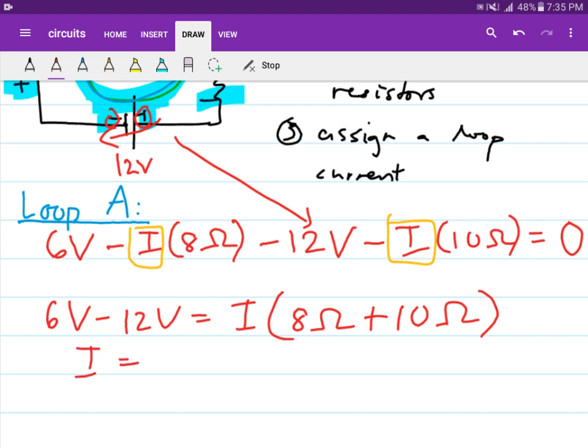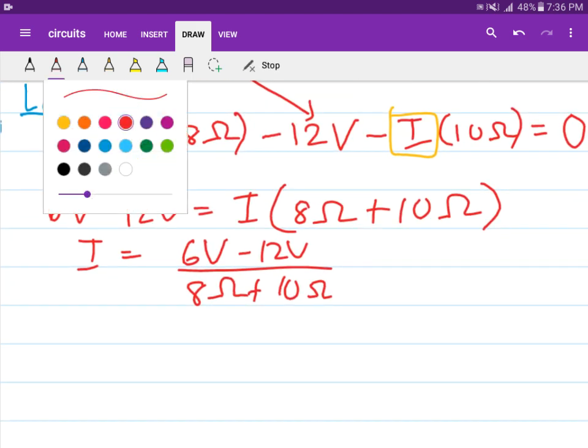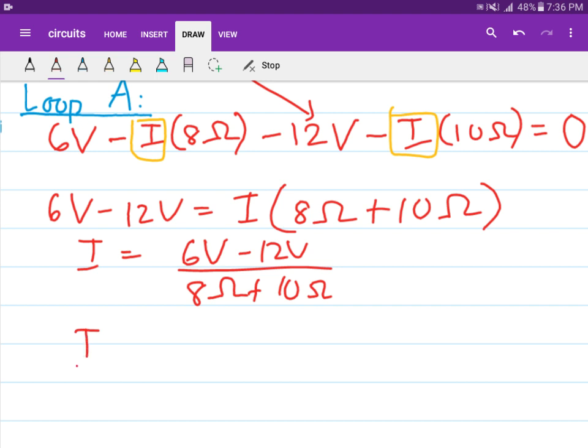So I equals 6 volts minus 12 volts over 8 ohms plus 10 ohms. This will be equal to 6 minus 12, which is minus 6, over 18. So 6 over 18 is 1/3, and we have negative. So this will be minus 0.33 amperes.